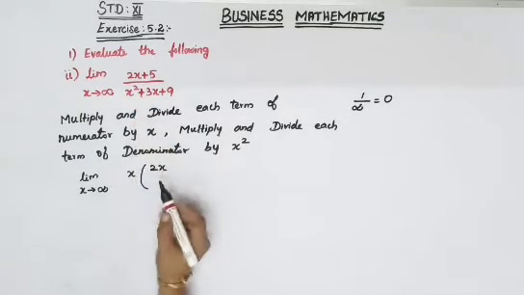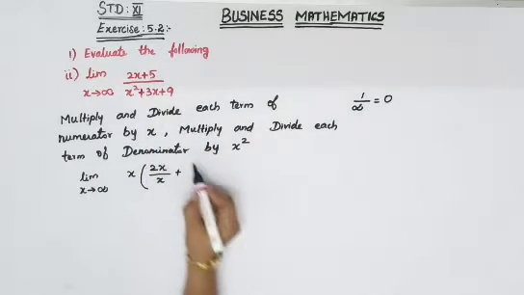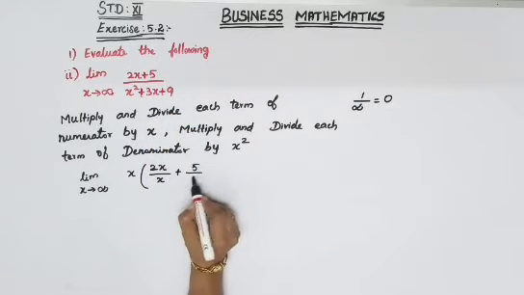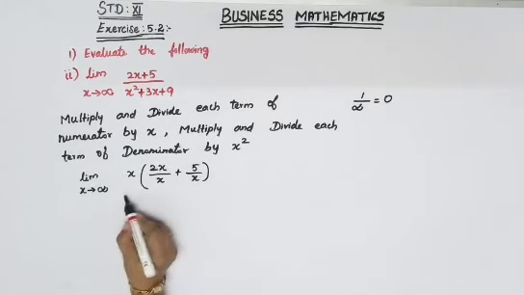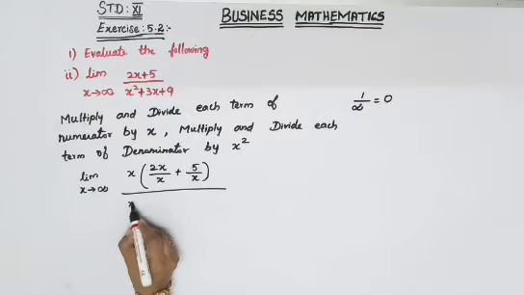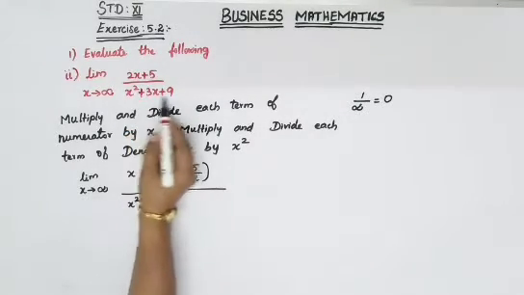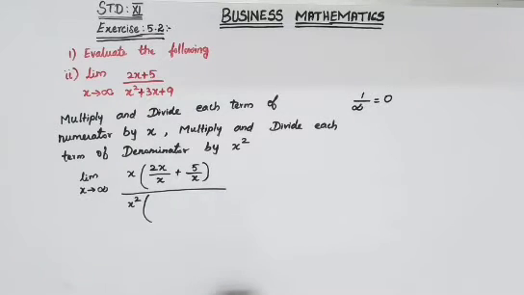That is here 2x is there divided by x, plus 5 we have got, so 5 by x. This is your numerator, okay, divided by, now x square is the highest power, so multiply by x square and division x square, same way what you did in the numerator, you will have to take it inside, okay.